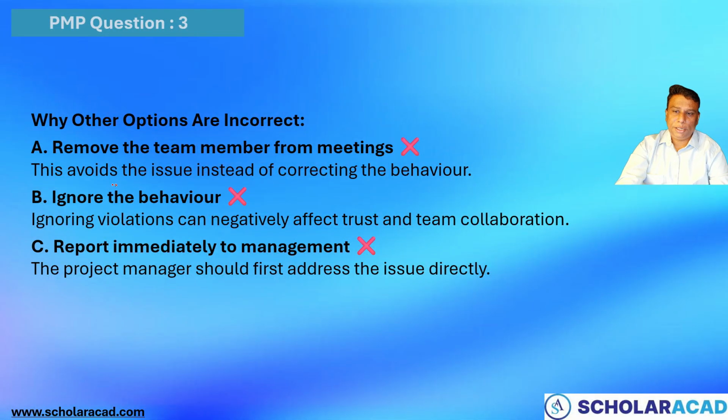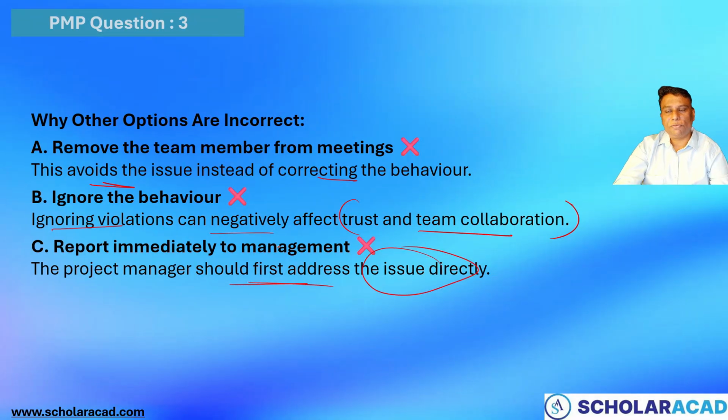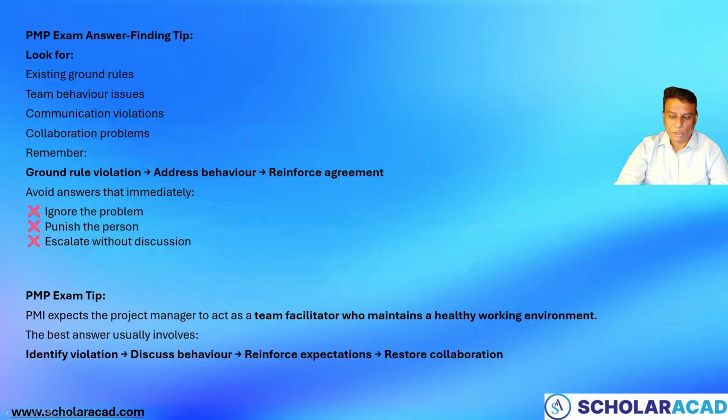So similarly, we need to focus on the issues. Yes, we should not avoid them. Ignoring the violation can negatively affect trust with the other team members as well and reduce team collaboration. Whereas we need to focus on the issues immediately. That's the first thing we need to focus on.